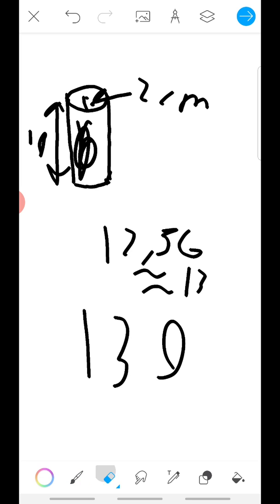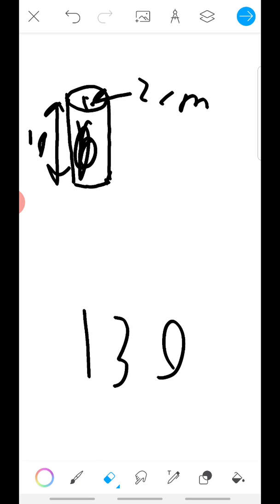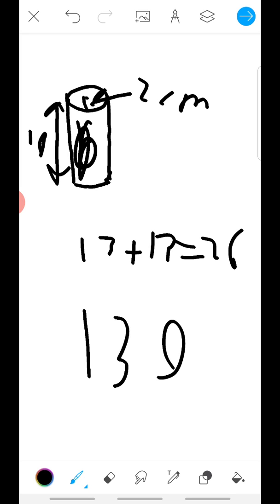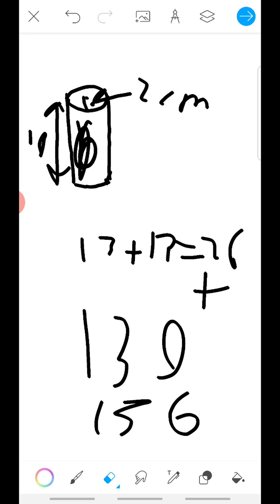Because there's one circle on the bottom and one on the top of a cylinder, we do 13 plus 13, which is 26, plus 130, and that is equal to 156. So the area of this cylinder is 156.